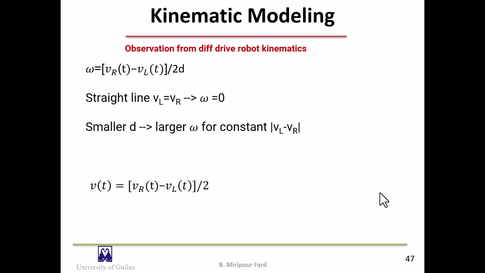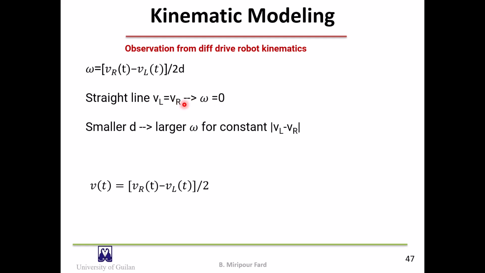So far we have seen from the kinematics of the diff drive robot that omega equals VR minus VL over 2D. If VL is equal to VR, omega will be 0, and in this case the mobile robot will move on a straight line.